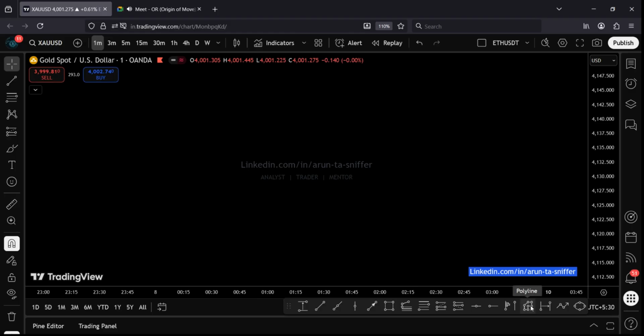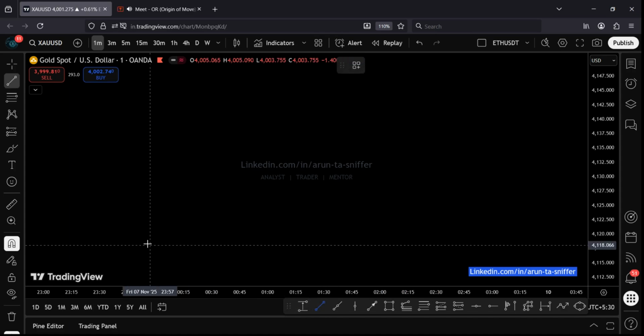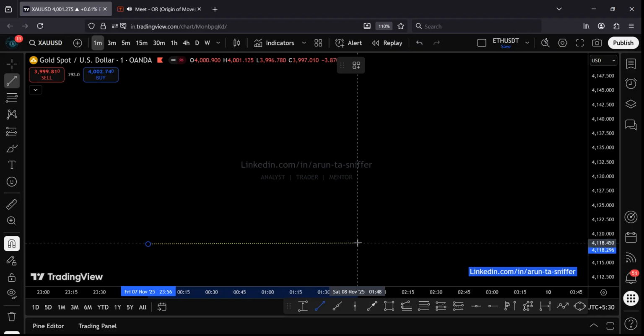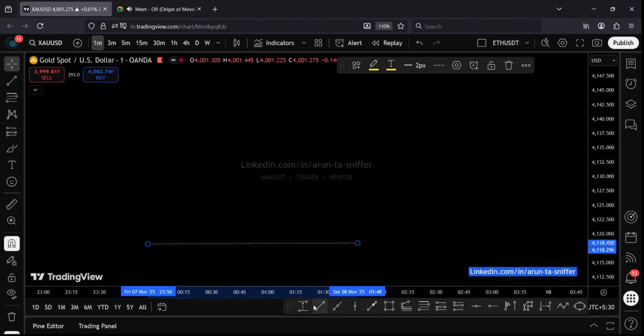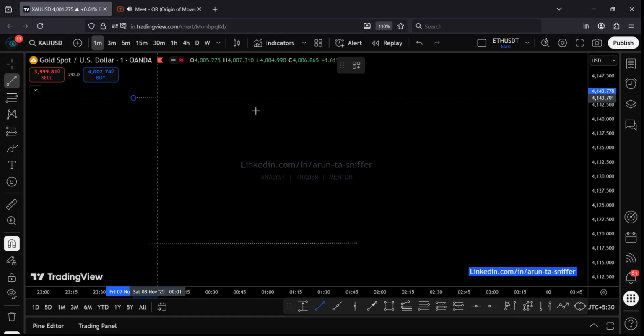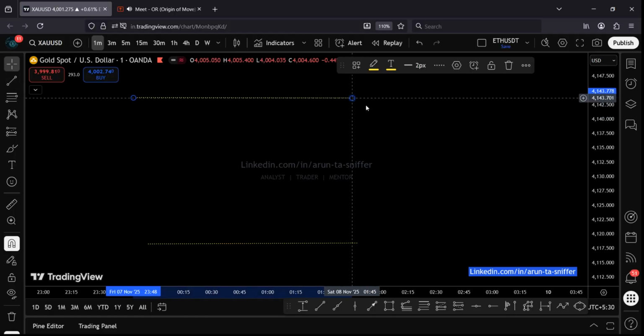So what is origin of move? Origin of move is the first FTR. Like there is a level like this. Price is going to this level.